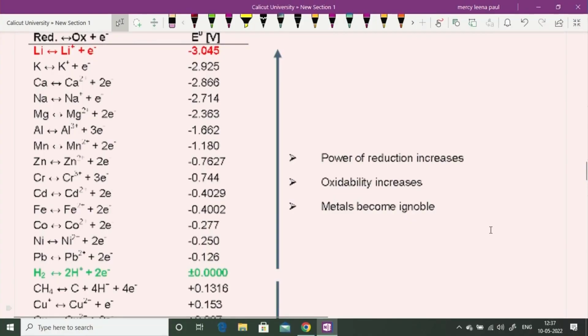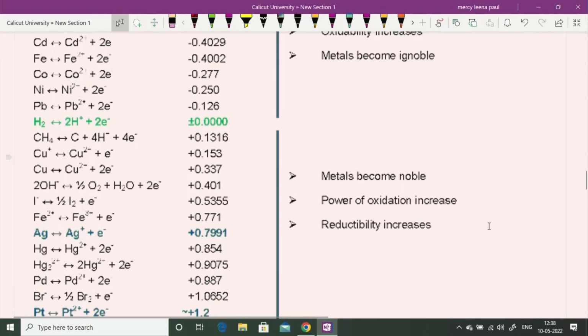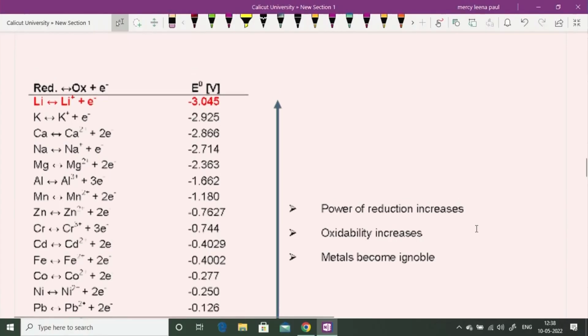See, here is how these are all in reference to the standard hydrogen electrode. You can see here, at the center you have the hydrogen electrode placed, whose potential is taken to be 0. And above hydrogen, you have lots of other electrodes whose standard electrode potentials have been determined.